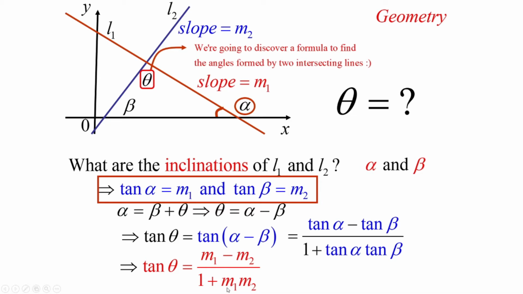So 1 plus m sub 1 times m sub 2. And now we have an equation: tangent of theta equals the difference between the slopes of my two intersecting lines over 1 plus the product of those slopes. And with this equation right here, I can find the angle of intersection of any two lines.